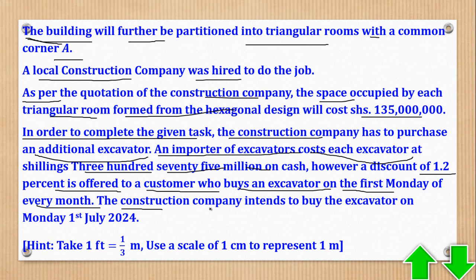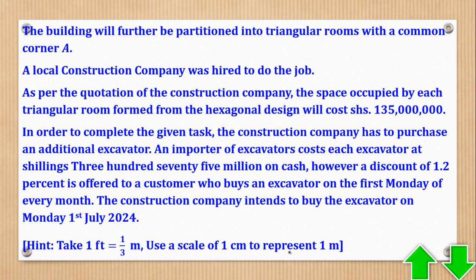The construction company intends to buy the excavator on Monday, 1st July 2024. The hint is that take 1 feet to be equal to 1/3 of a meter and use a scale of 1 centimeter to represent 1 meter.